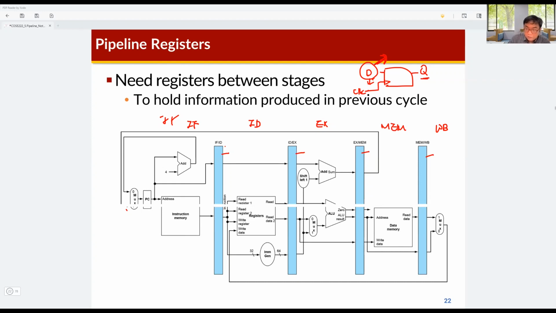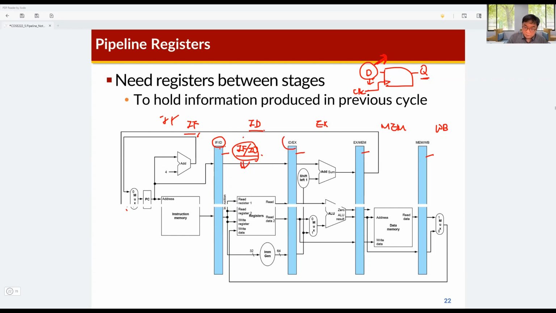This pipeline register is named after the neighbor stages of the pipeline register. For example, this pipeline register is called the instruction fetch / instruction decoding pipeline register, but we frequently use just this notation, instruction fetch / instruction decoding. That means this is a pipeline register located between the instruction fetch and instruction decoding stages.